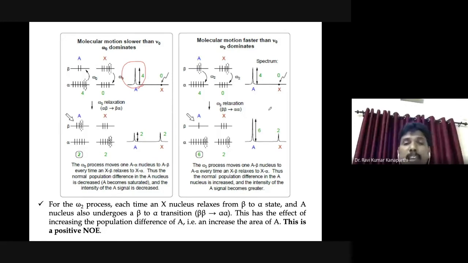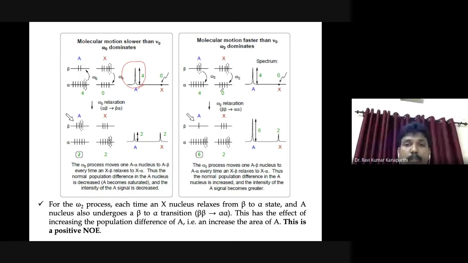In this case, as you can notice here, the positive NOE again starts from saturation. When I saturate the X nuclei, there is a 0 population difference, and for the A signal, the population difference is 4. When I apply the double quantum relaxation process, both the spins, both arrows, have to go either top to bottom or bottom to top.